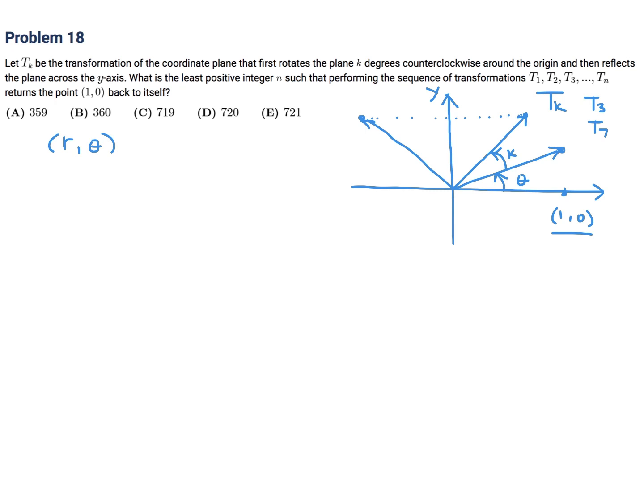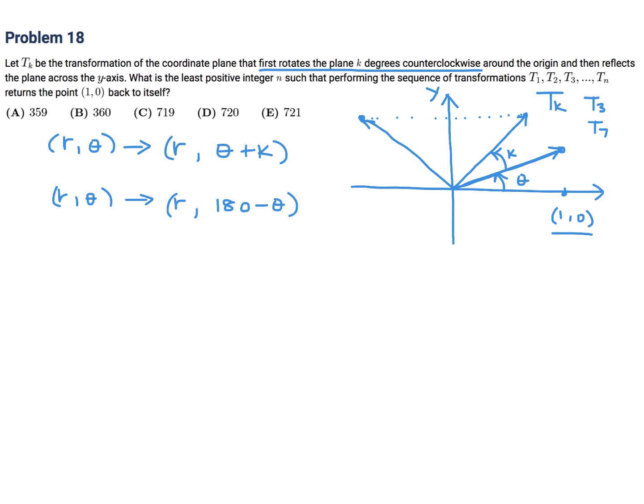Okay, so the first move of this is a counterclockwise move by k degrees. So that would basically take it from theta to theta plus k. That's this part of that question. And then the next one is it reflects across the y-axis, right? So that would then make this go, if it was just (r, theta), it would basically be (r, 180 minus theta), if you're just doing that.